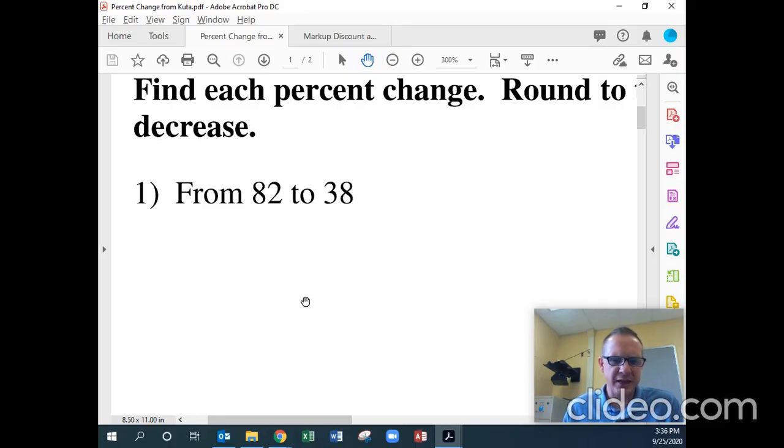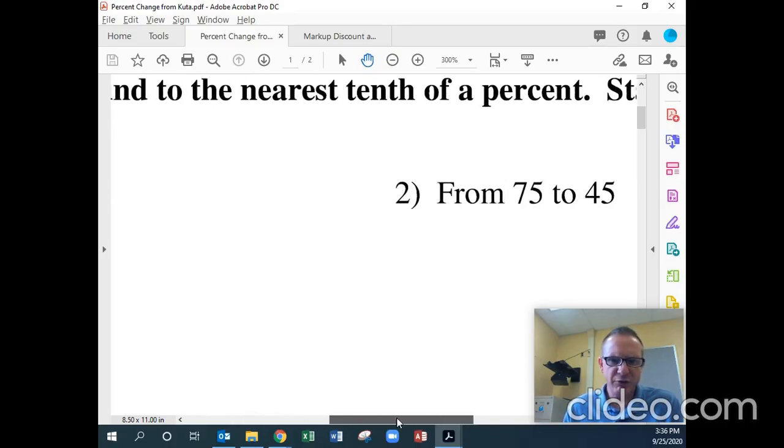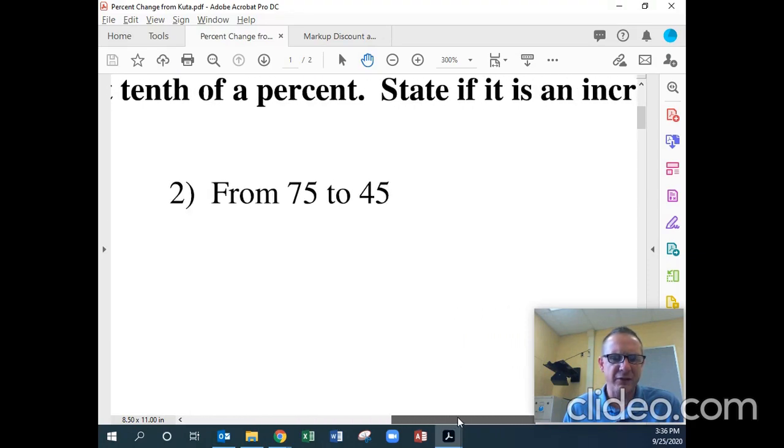Find each percent change. So if you're going from 75 to 45, what percent change is that?